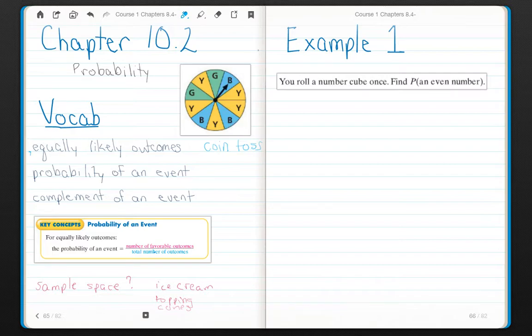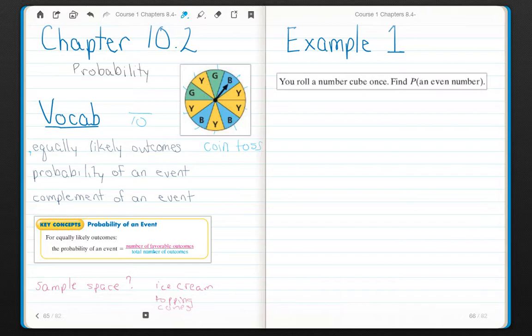Looking at this diagram up here, I see that I have a total of 1, 2, 3, 4, 5, 6, 7, 8, 9, 10 spaces. Only 2 of them are green. So the chances of getting a green are 2 out of 10.